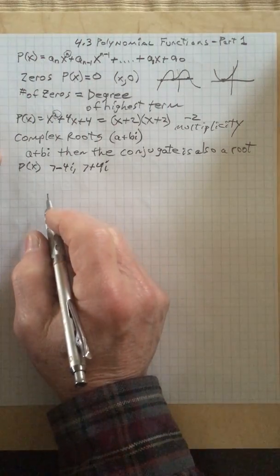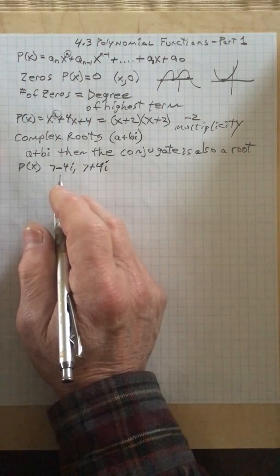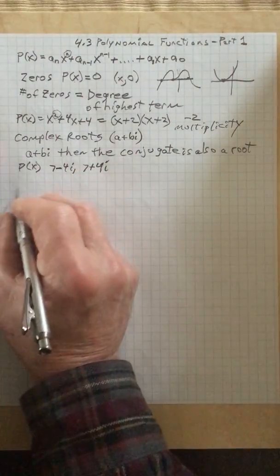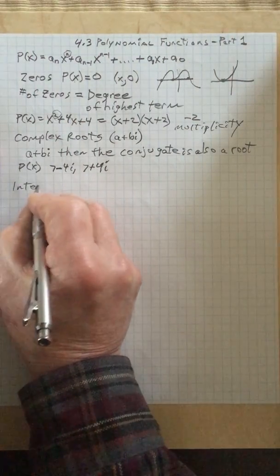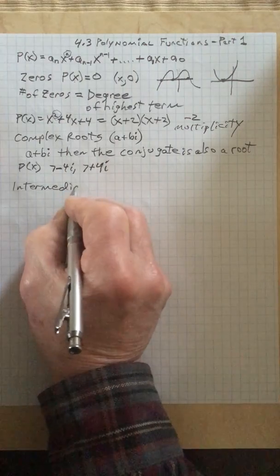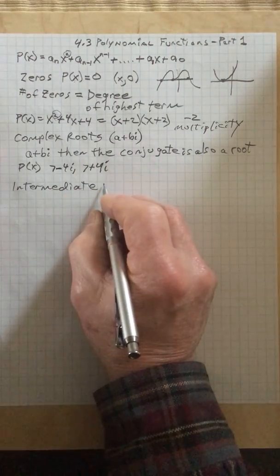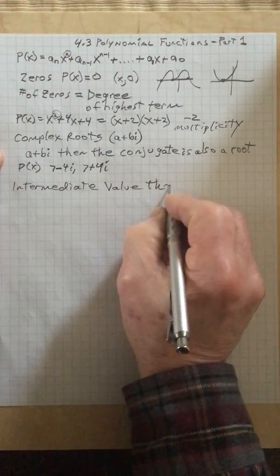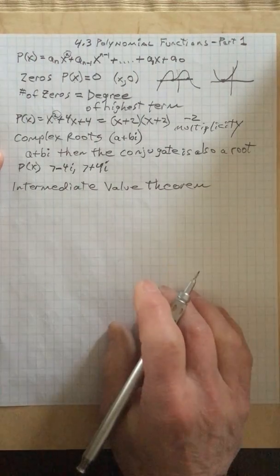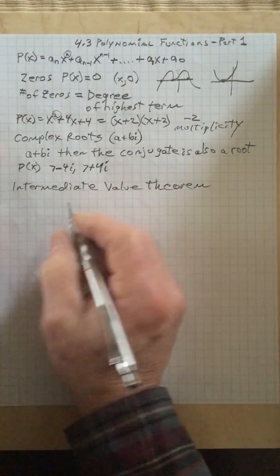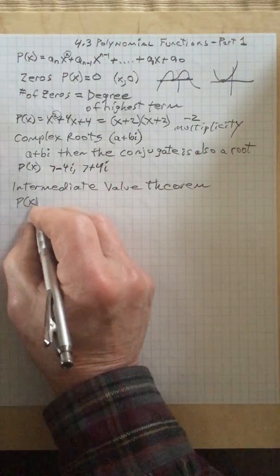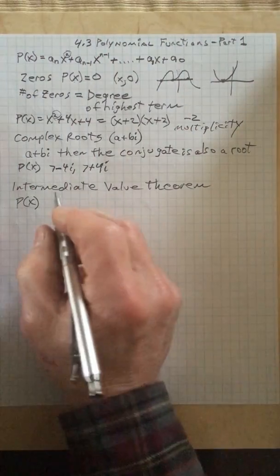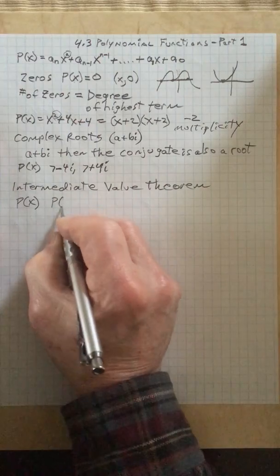We have another interesting theorem here. It's neat, and visually, I think you can figure it out, but it's not super powerful. And that is the intermediate value theorem. Kind of like it sounds. I have a polynomial function, and let's say I have a couple of values here, 2 different a's.